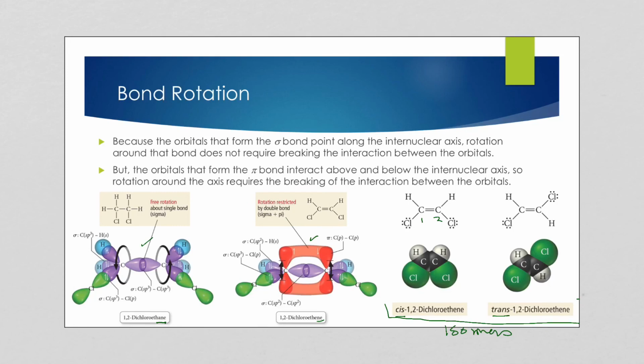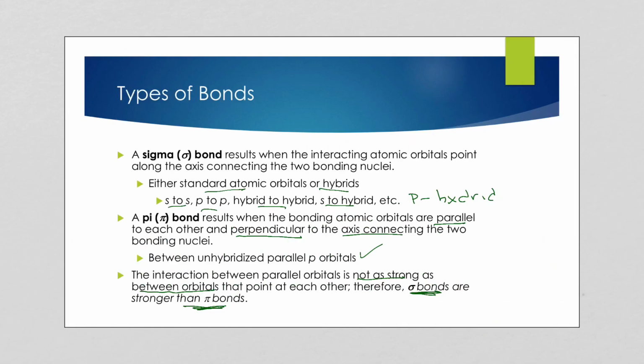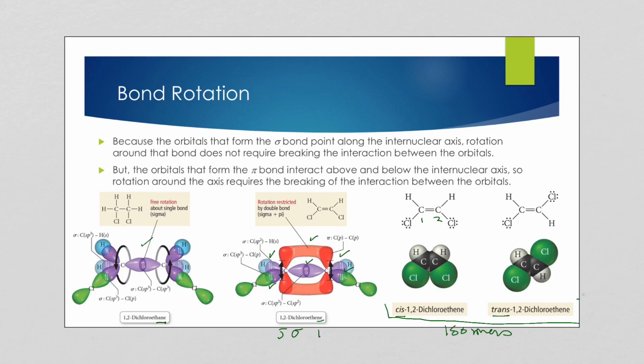So this molecule has, in terms of sigma, 1 sigma here, 1 sigma here, 1 sigma here, 1 sigma here, and 1 sigma here. So it has 5 sigma bonds and 1 pi bond from the double bond. So that's what I mean by assigned sigma and pi bonds.